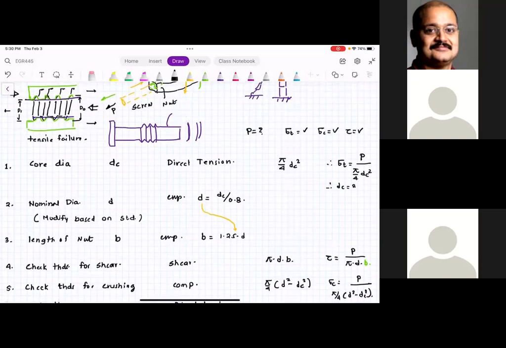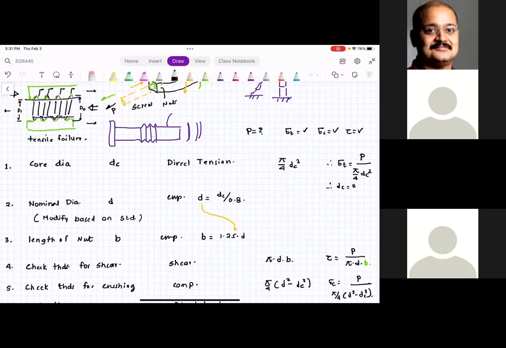Step 1 in designing the turnbuckle, they will give you the load that needs to be supported, the values of sigma t, values of sigma c, and value of tau. And then first step is to find out the core diameter from direct tension. Then we have to find out the nominal diameter, modify that nominal diameter based on the standards.